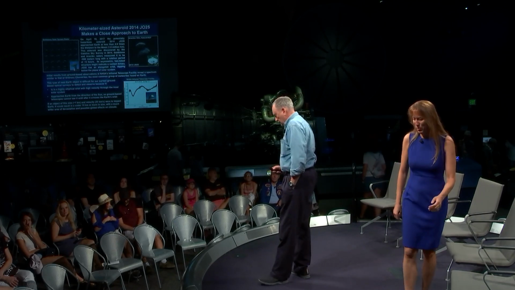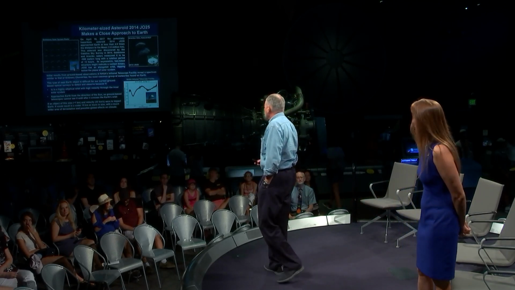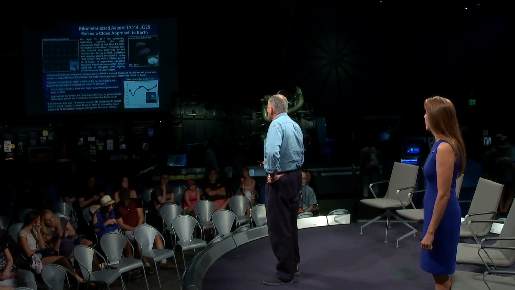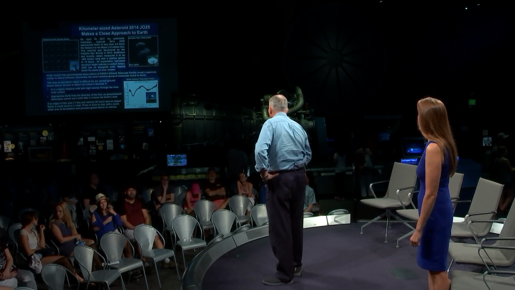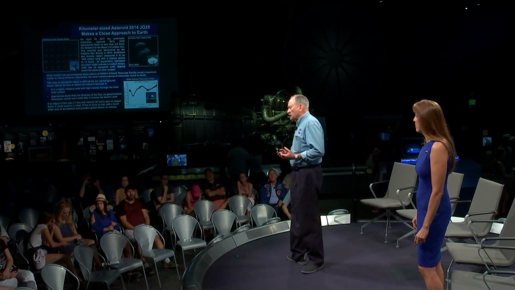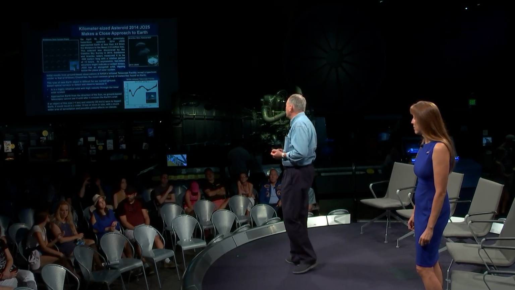Well, these are some of the images that our ground-based interplanetary radar is able to take of these objects. This was a large asteroid, a kilometer in size, that passed close to Earth earlier in 2017. If they come close enough, we can process the radar returns in such a manner that we're able to determine the shape and size of the object.